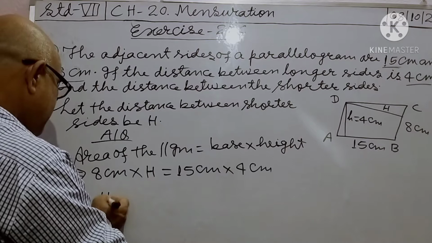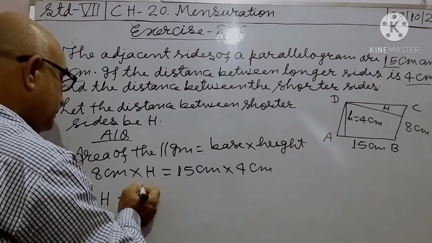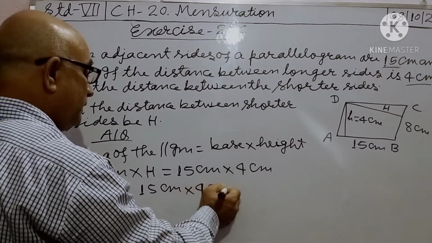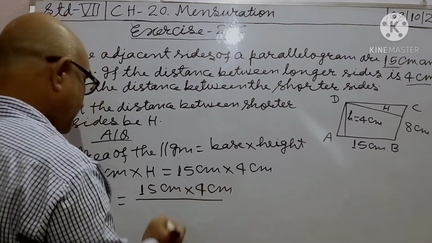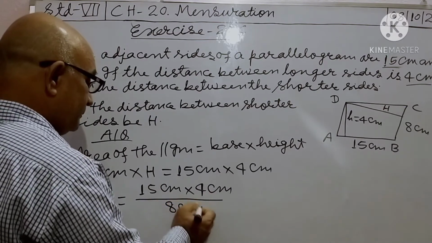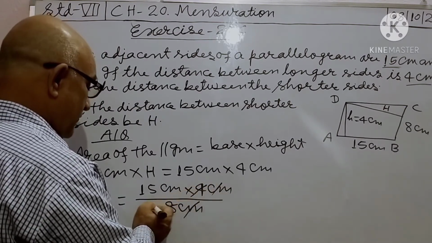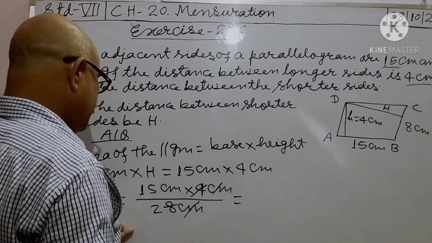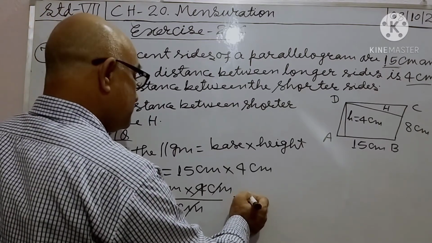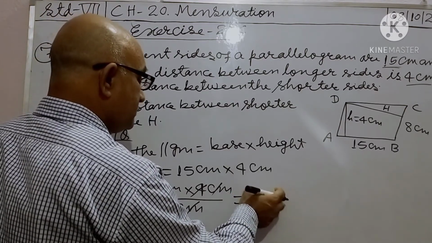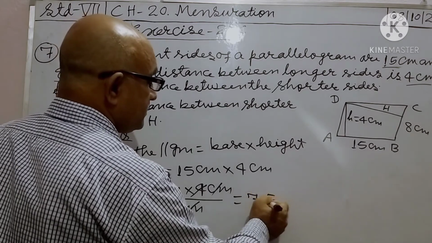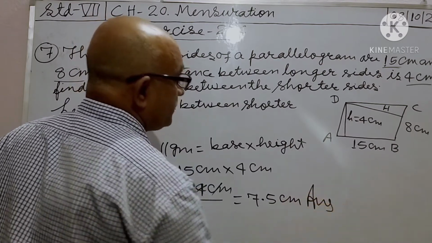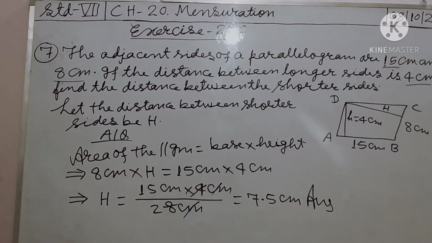That implies capital H equal to 15 cm into 4 cm divided by 8 cm. Cm to cm and 4 to the 8, 15 by 2 cm, that means 7.5 cm. Answer of this question. Students, understand and write it.